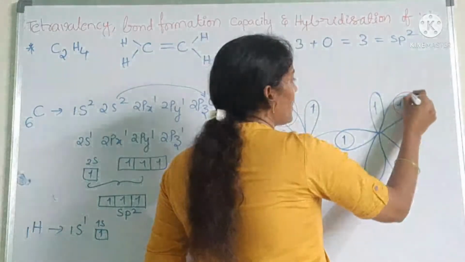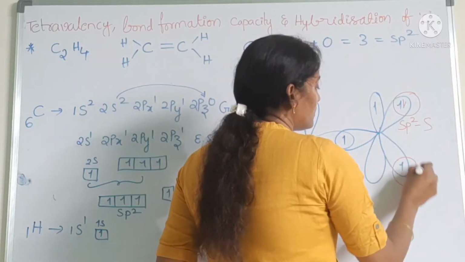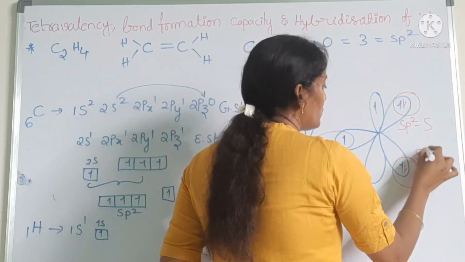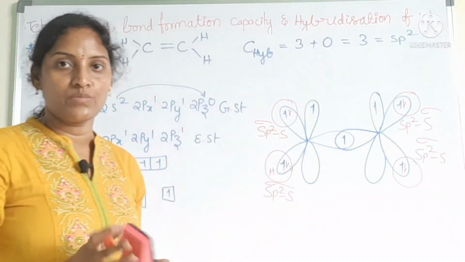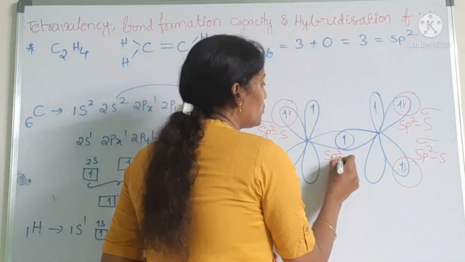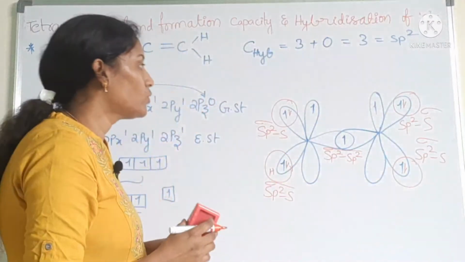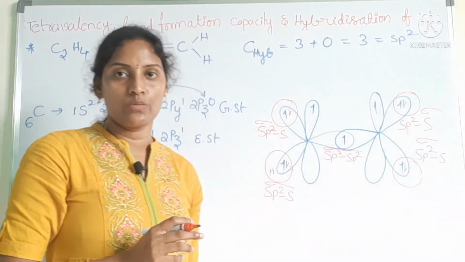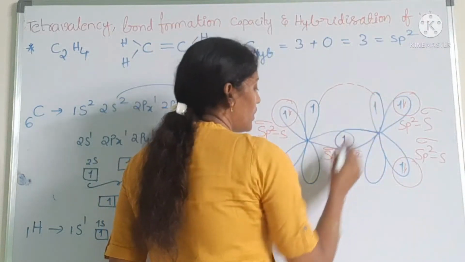Here the remaining hydrogens are also the same, sp2-s sigma bonds. Okay, 4 sp2-s sigma bonds. See, this is the sp2-sp2 sigma bond.